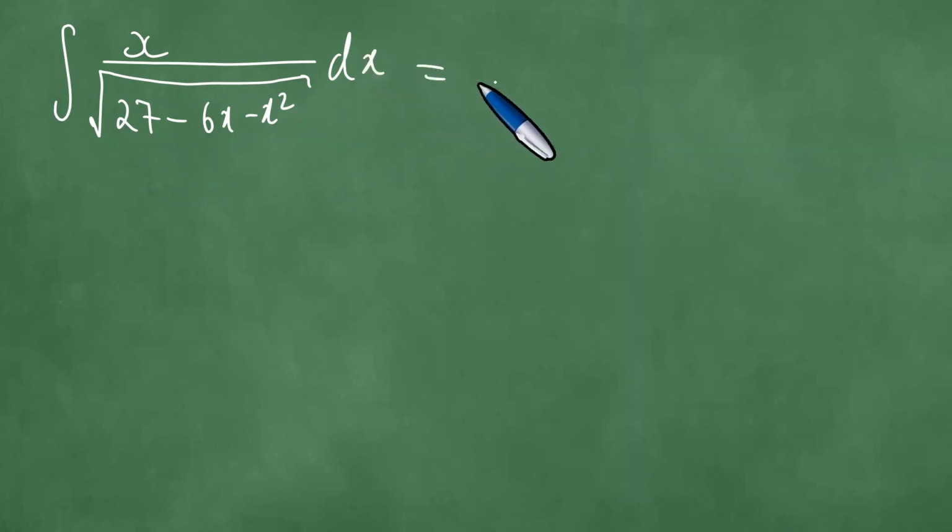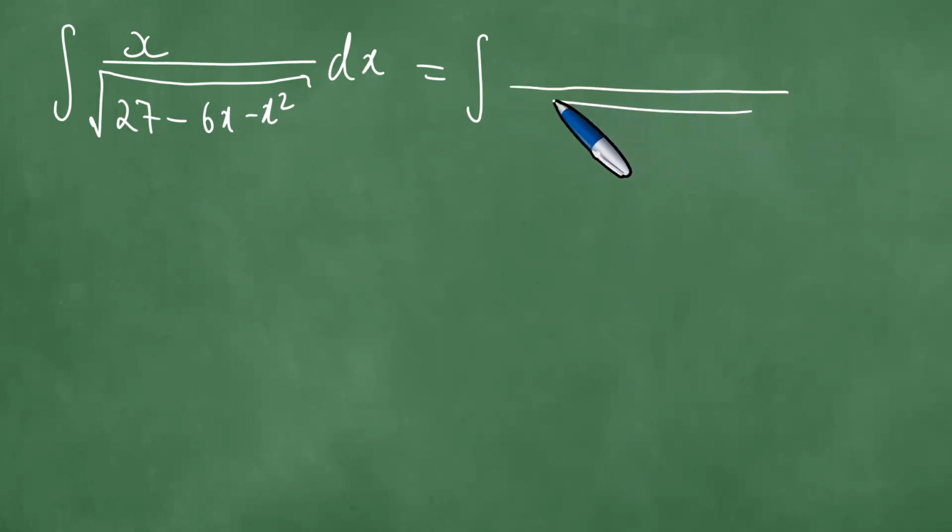But this can as well be written as, right, we can introduce a minus 2 in the denominator so that we multiply the x by minus 2 so that these two cancel out.